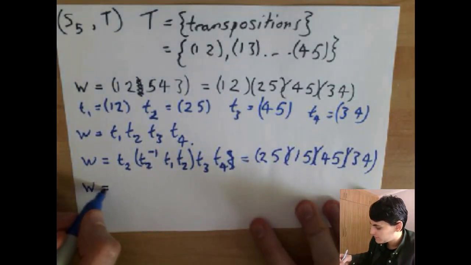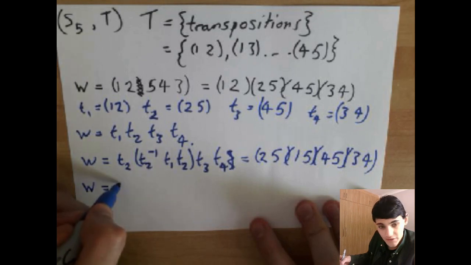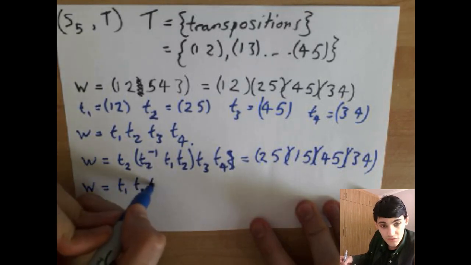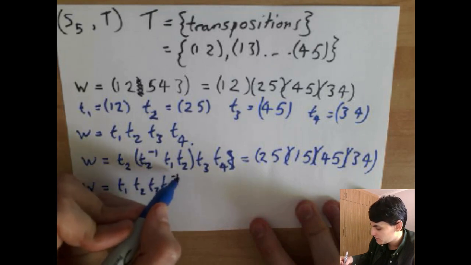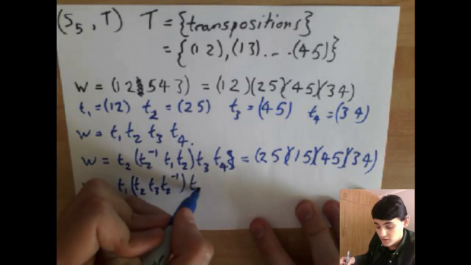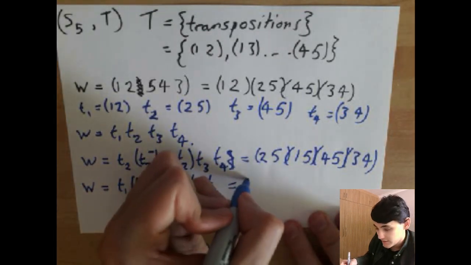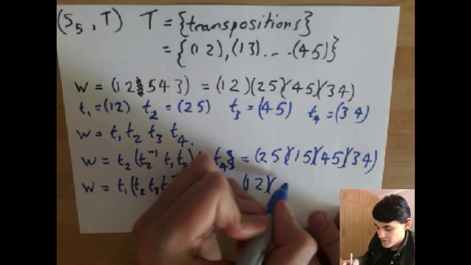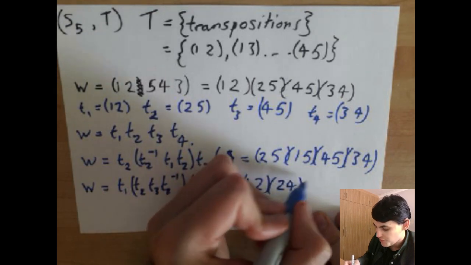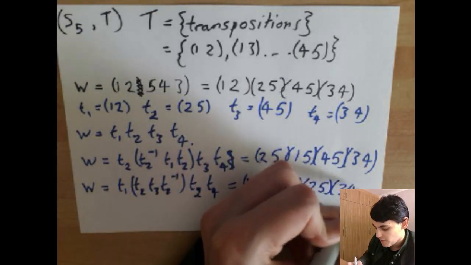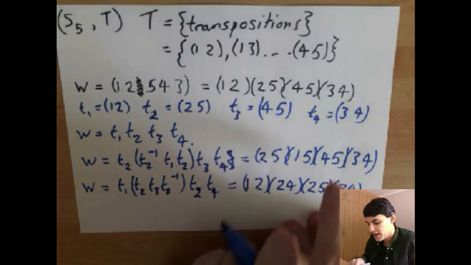And we also have that W equals T1 T2 T3 T2 inverse T2 T4, and that is (1 2)(2 4)(2 5)(3 4).